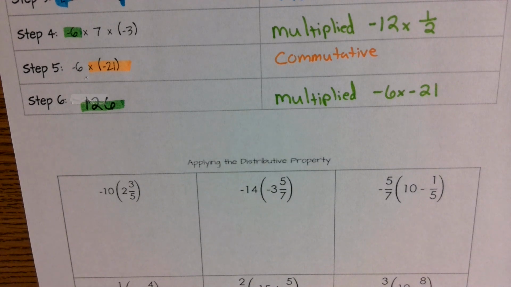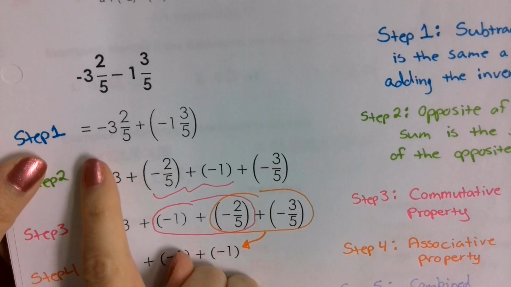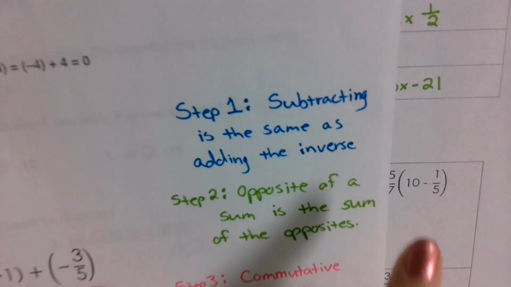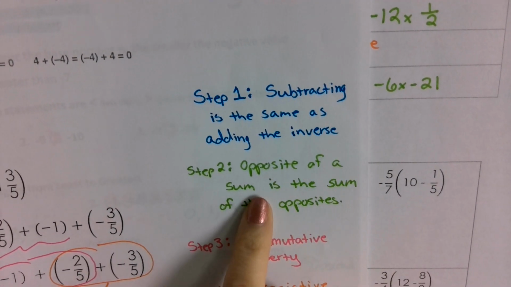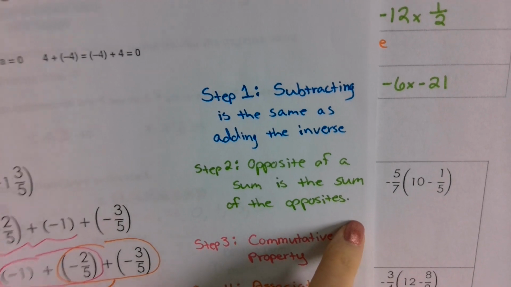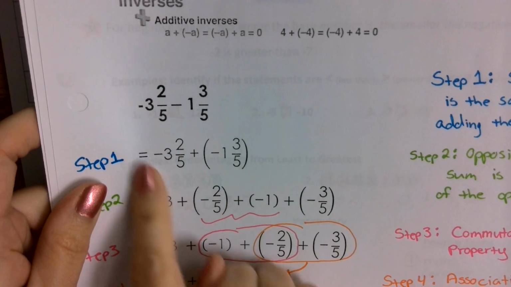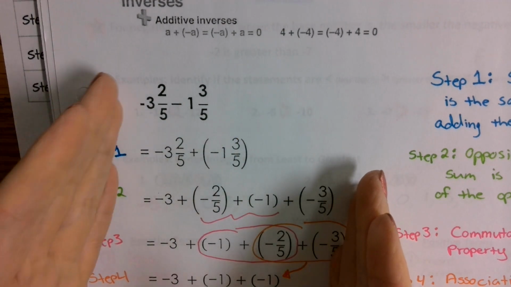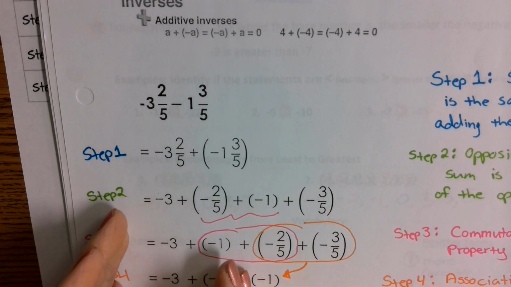Here we go. Last week we talked about how you can break apart a mixed number by saying the opposite of a sum is the sum of its opposites. So a mixed number is a sum that we are breaking apart into its whole number and fraction portion.